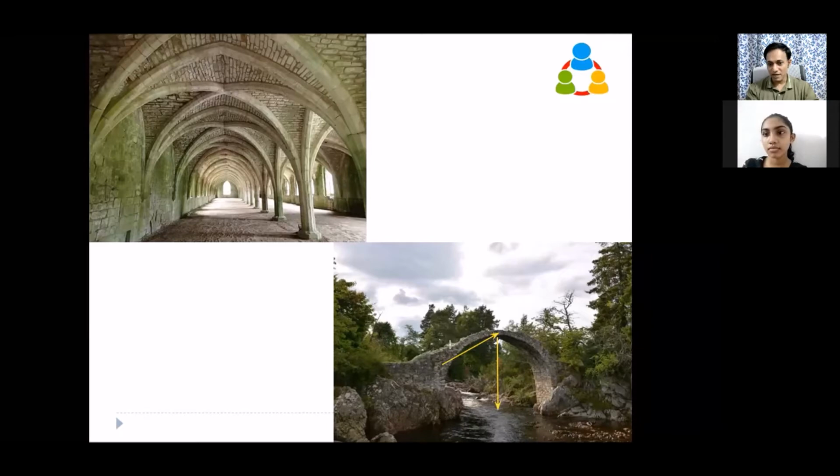Actually, if this arch was like this, it would have been much easier to support from here, because the point which we mentioned yesterday was that this angle is very crucial. If you have the force of gravity falling like this, normally you will give a pillar here to support straight away in the same direction.